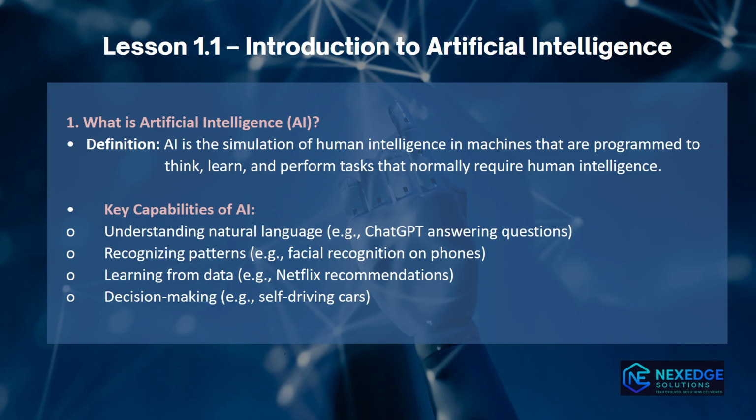So now let's take a look at the key capabilities of AI. First, understanding natural language. That is one of the first capabilities of AI. It's capable of understanding natural language such as English, French, Yoruba, Igbo, Hausa, and Spanish, any language.